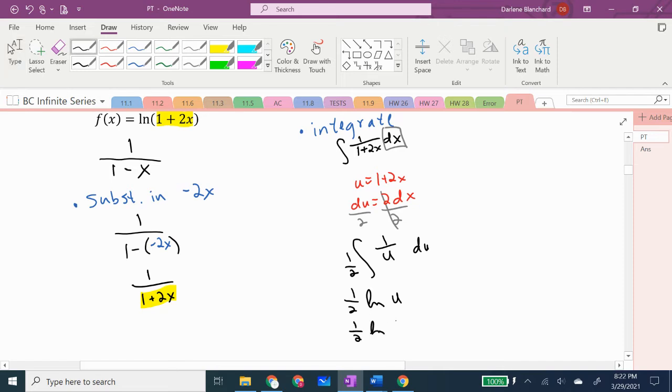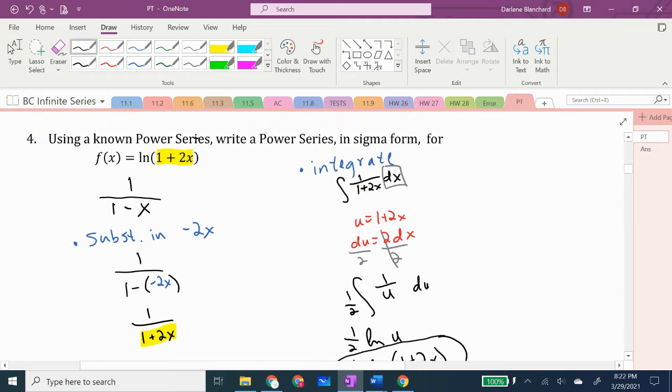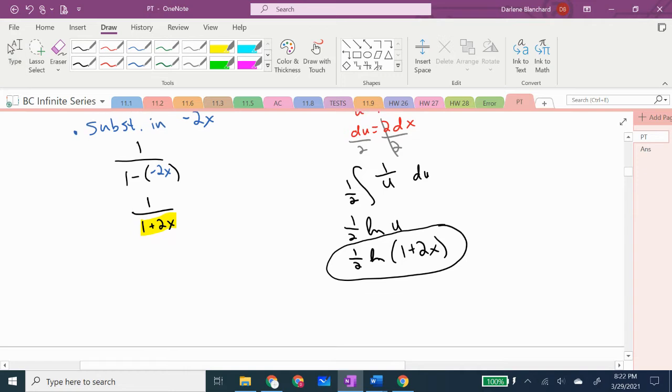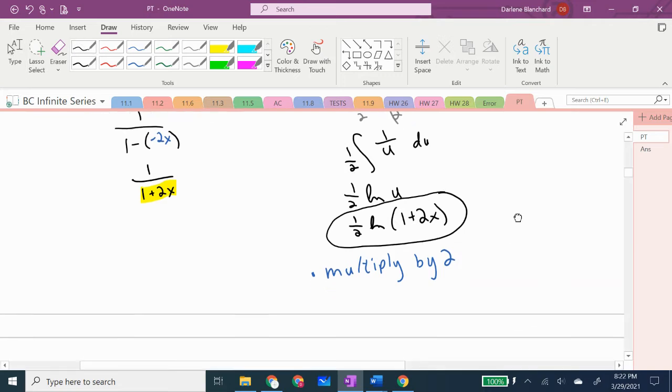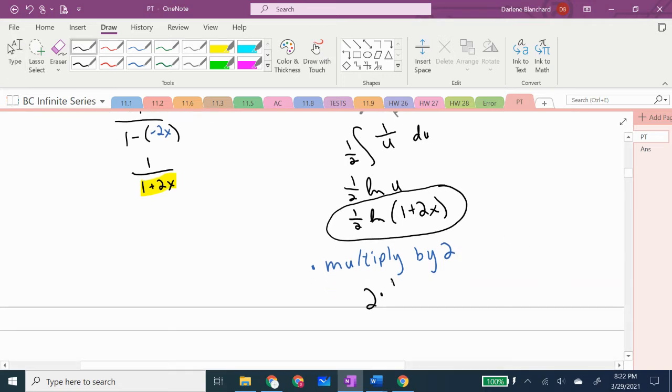I need to put the u back in, and then I take a little look at what I have. That is not the function I intended to get. What do I need to do to make it the function I intended to get? And that would be multiply by 2. When I do that multiplication by 2, I will get the function that I was intending to get.